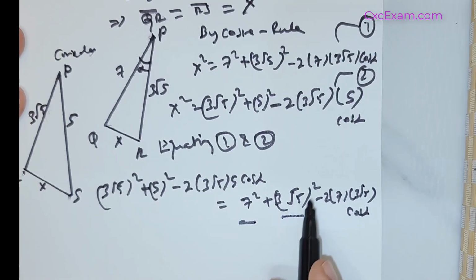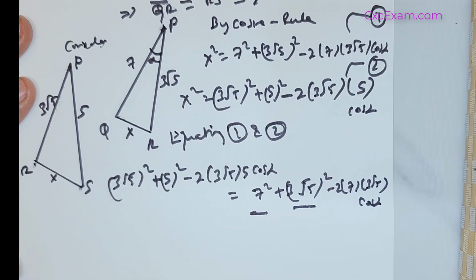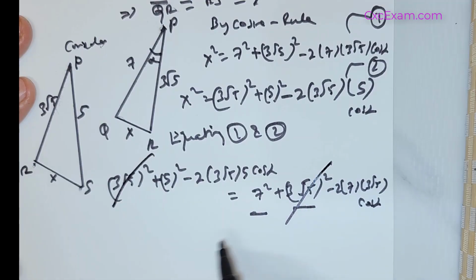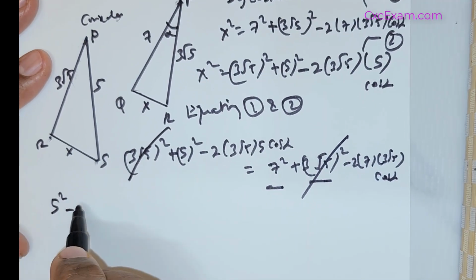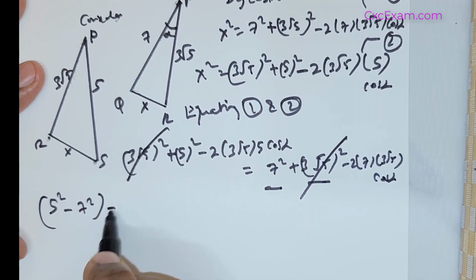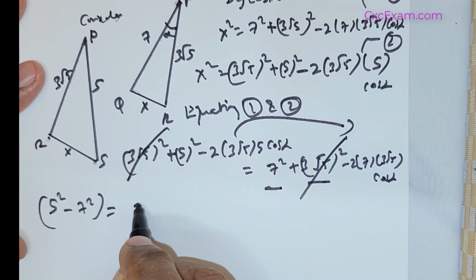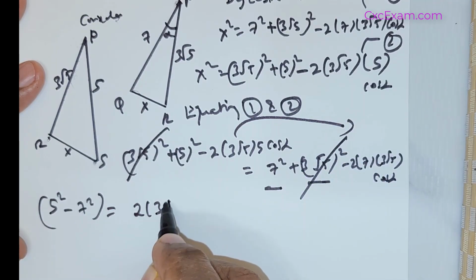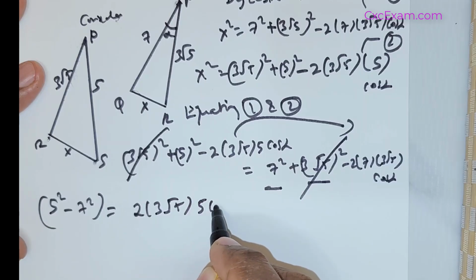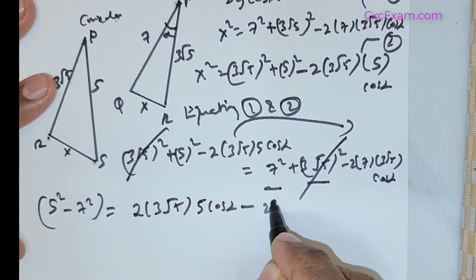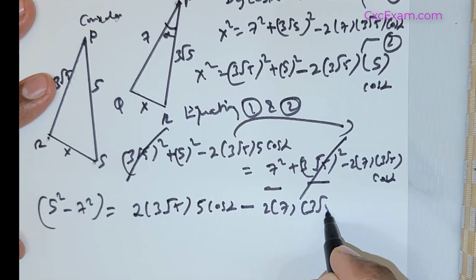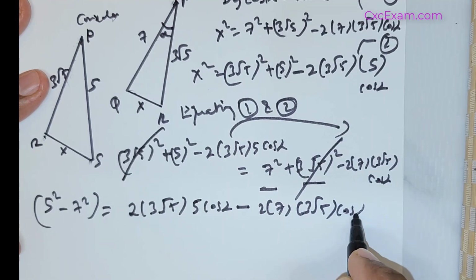You bring these two to the other end, so in fact these two get cancelled. So you will have 5 squared minus 7 squared. You move this to the other end, so you have 2 times 3 root 5 times 5 times cos alpha minus 2 times 7 times 3 root 5 times cos alpha.